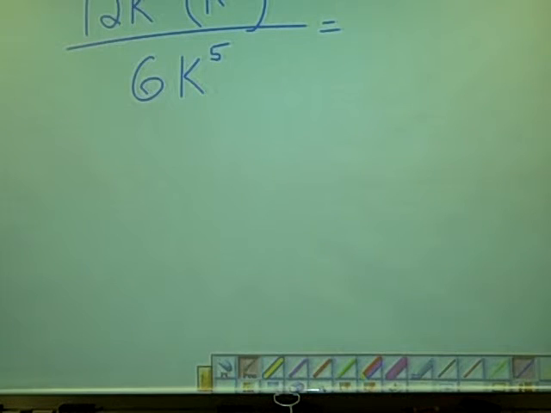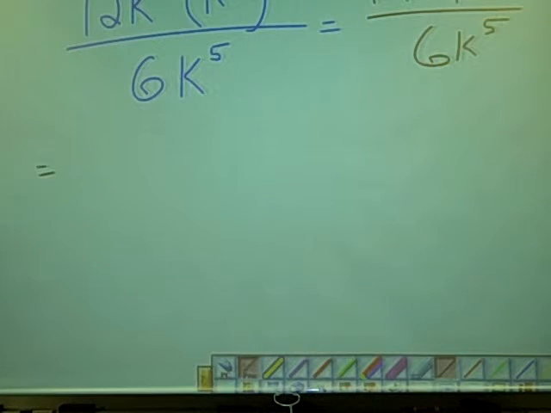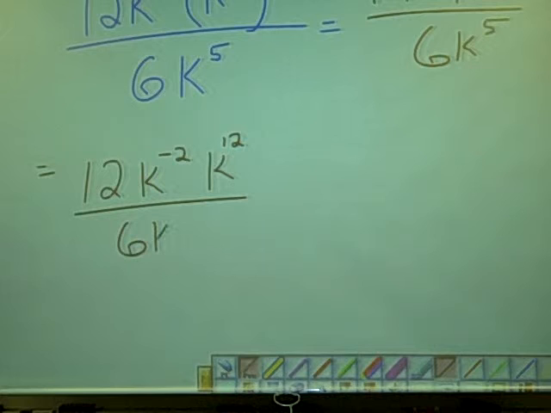So this will be 12 k to the -2, k to the 3rd to the -4, over 6k to the 5th. So we're going to multiply these two, and they're actually going to come out to be k to the -12, right? So that's 12, k to the -2, k to the -12, over 6k to the 5th.